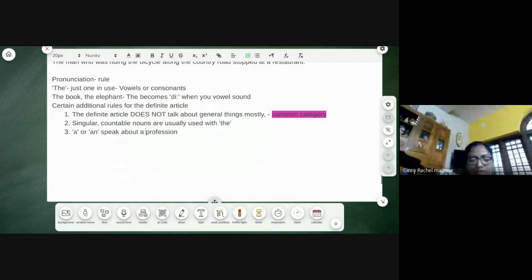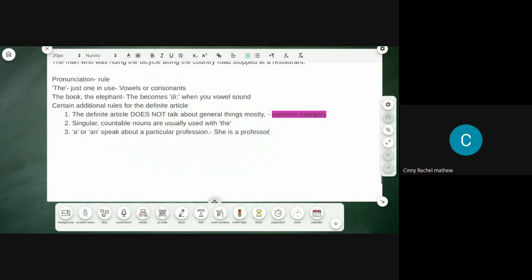When I mean profession, professions are of different categories. So definitely you can have a particular profession like the profession of a teacher. So you can say she is a professor. So there, a or an speaks about a particular person's profession.